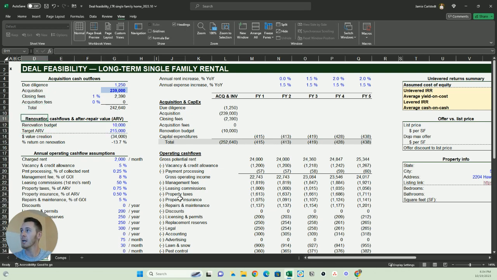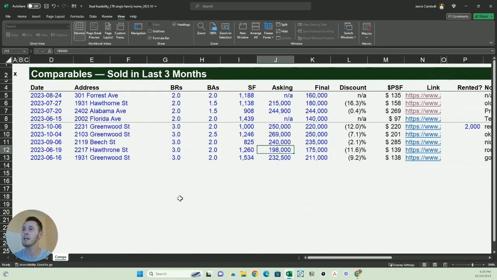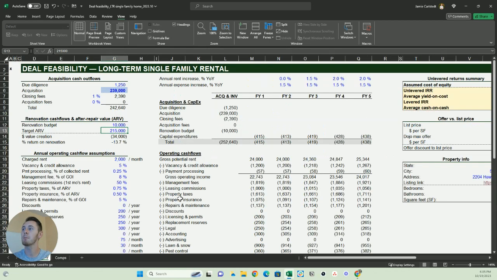You can see here I've targeted ARV at 215. Based on these comps, we can see these are all 3 2s, so maybe we bump that to 240. Now, this is just an example, I haven't done a deep dive on this property, this market, or this sub-market.